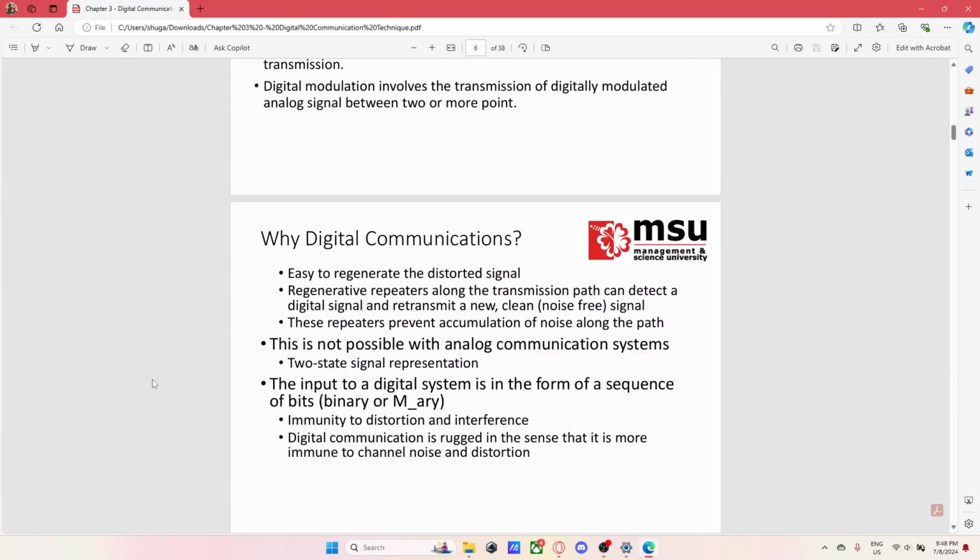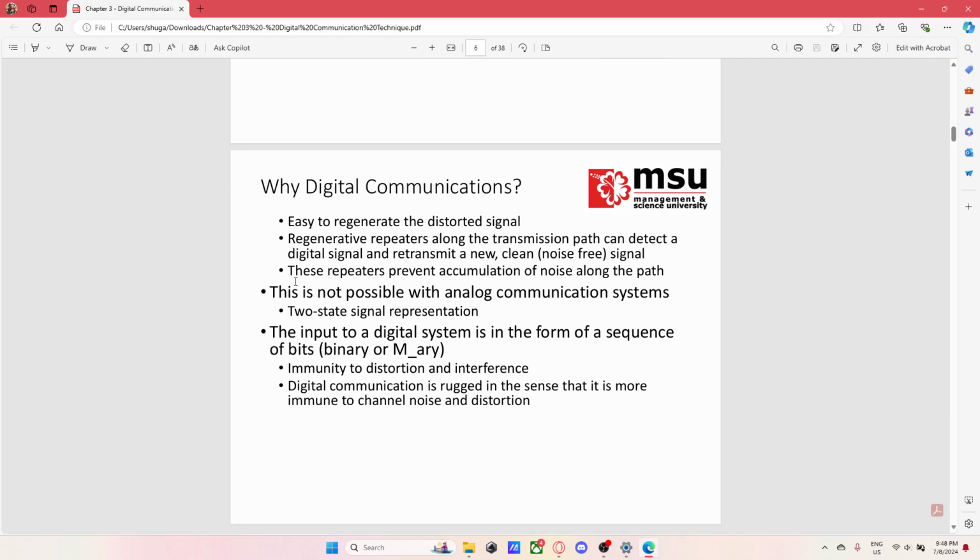So why do we use digital communication? It is an easy way to regenerate the distorted signal. Okay, it is easy to reduce the noise in your signals. It also has regenerative repeaters along the transmission path that detect a digital signal and retransmit a new, clean, noise-free signal, like we've mentioned just now.